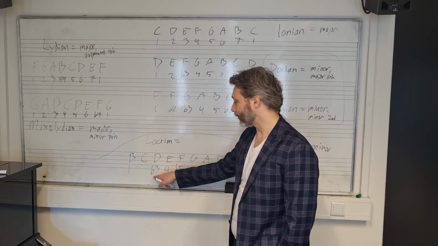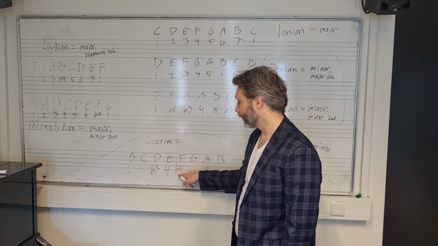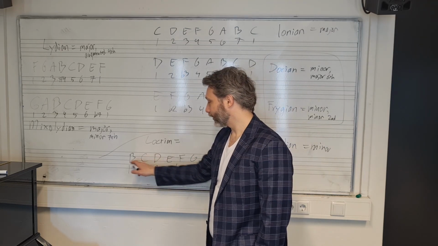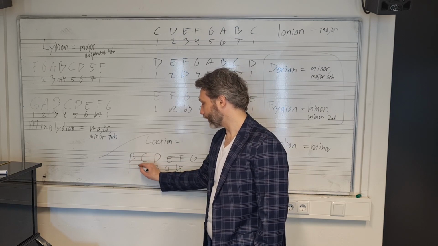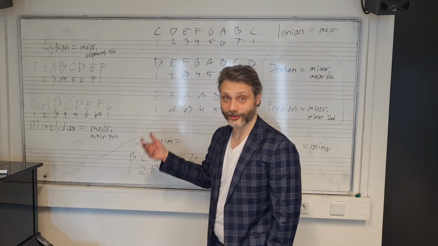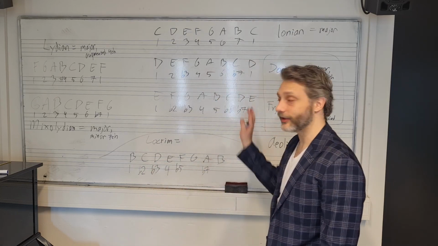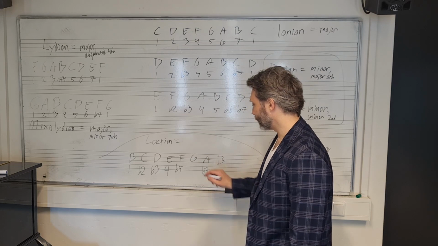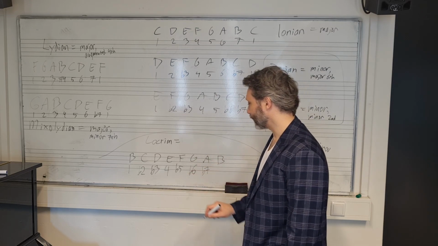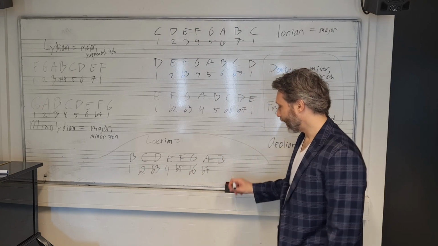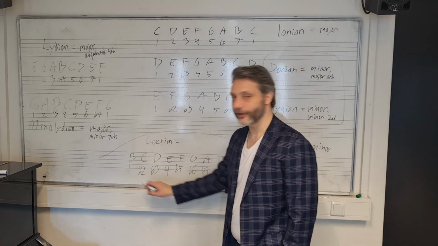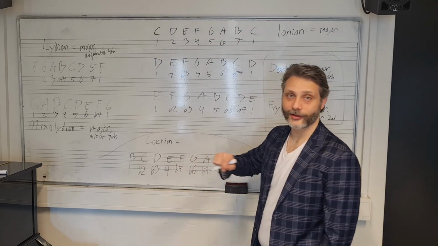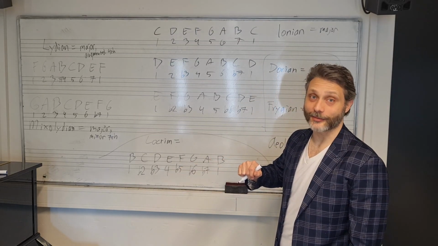It's a whole tone up from the minor third, a half tone down from the diminished fifth. This is just a semitone above the 1. That's a minor second, the other scale that has a minor second, at least in this context. And then there's this one, the minor sixth. As you can see, every single note is lowered when compared to a major scale, except the fourth. In our next video, we will get back to that one.